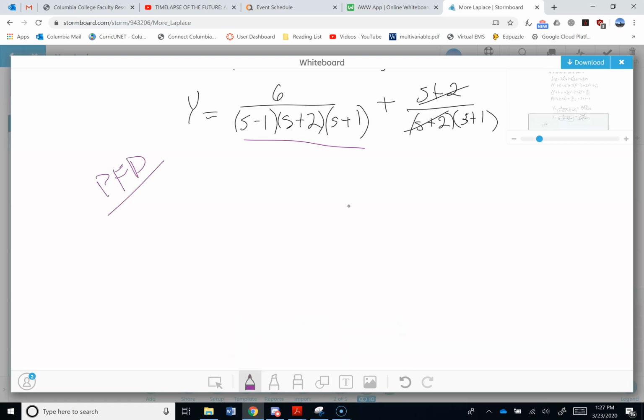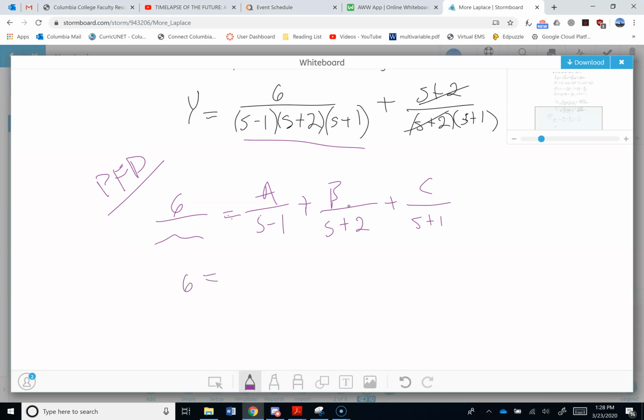PFD, rather. So I got 6 over stuff is equal to a over s minus 1 plus b over s plus 2 plus c over s plus 1. And then you get some Heaviside stuff, right?